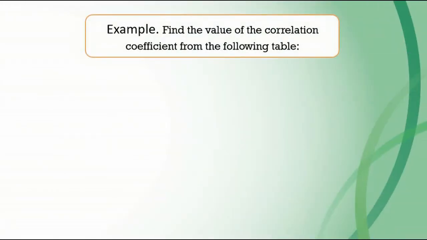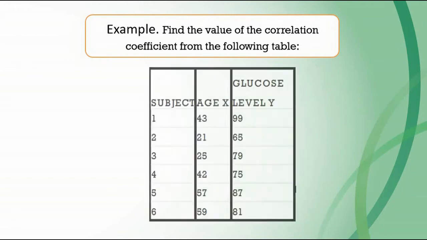Find the value of the correlation coefficient from the following table. The first column is the subject, the second column is the age, and the third column is the glucose level. Subject 1 has the age of 43 and a glucose level of 99. Subject 2 has the age of 21 and a glucose level of 65.